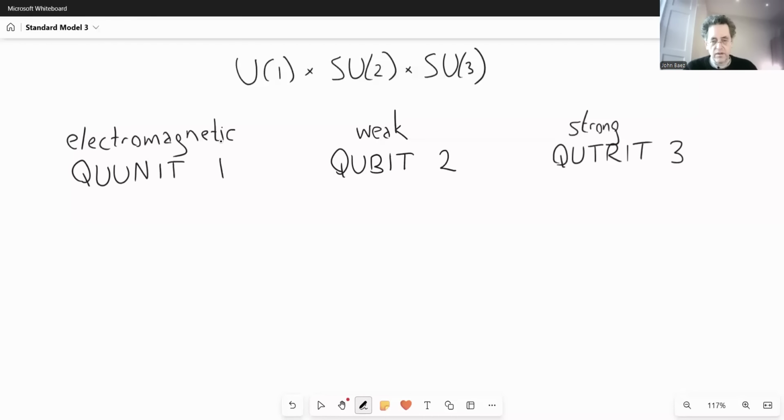The qubit case first came up when people were studying spin. There's the idea of a spin 1/2 particle like an electron, and an electron, which I'll use as just my example, can have spin pointing up or pointing down.